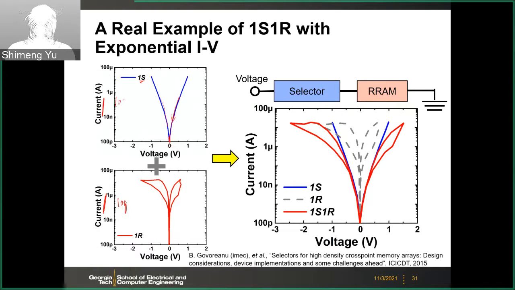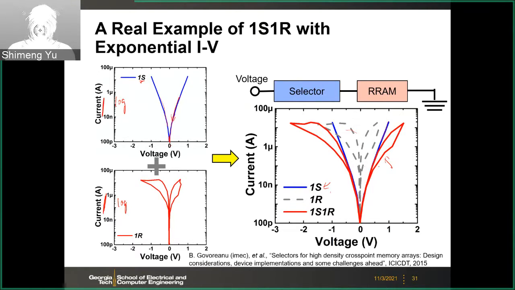Previously your 1R is this gray dashed line, and then you have your 1S, which is the blue one. If you combine them in series, you get the red curve.